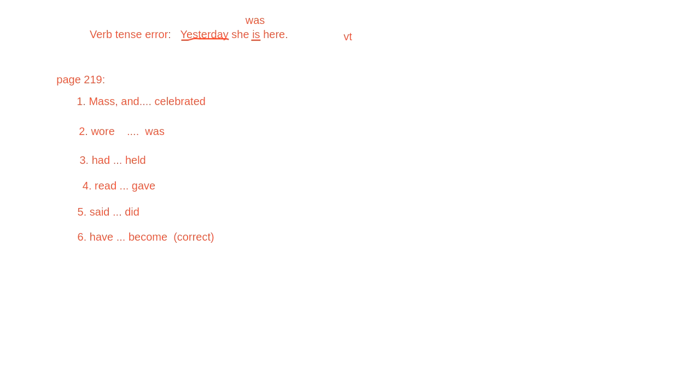Number 5, we need to use said, which is already correct, and then change do to did. Okay, and number 6 is already correct. Both of the verbs are correct. We just need to underline have and become. And number 7, happened, is correct. And then we change get to got.